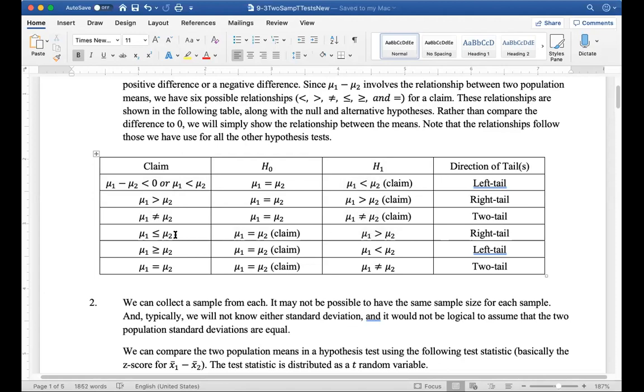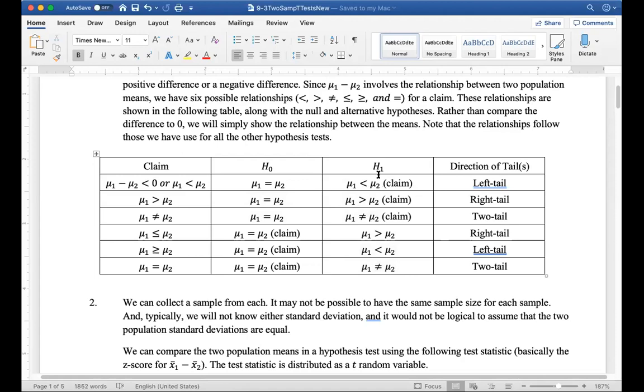And if the claim does include equality, less than or equal, greater than or equal, and equal, then the relationship in the alternate hypothesis is going to be the complement of the relationship in the claim: greater than, less than, or not equal. So everything in terms of relationships is the same as what we've been doing.